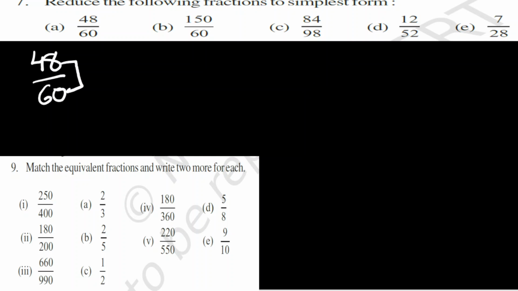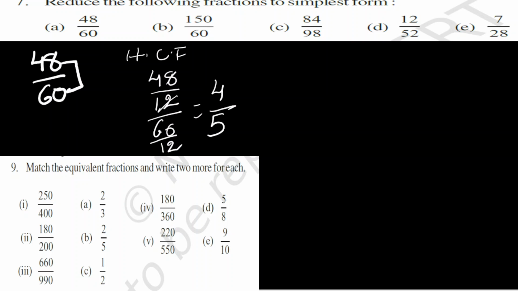Now the HCF is 12, so we divide both the numerator and denominator by 12. 12 4s are 48, 12 5s are 60. So the fraction is 4 by 5. The simplest form of 48 by 60 is 4 by 5.